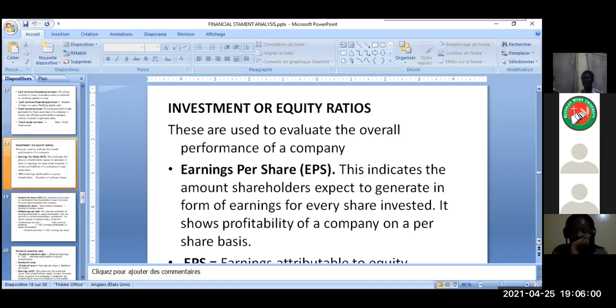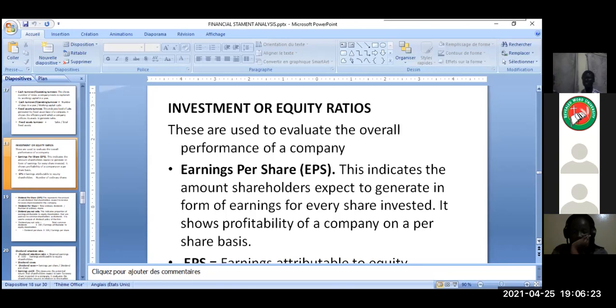Now, some elements under investment ratios, we have earnings per share. As the business is generating income and recording positive net profit, shares also increase in value.